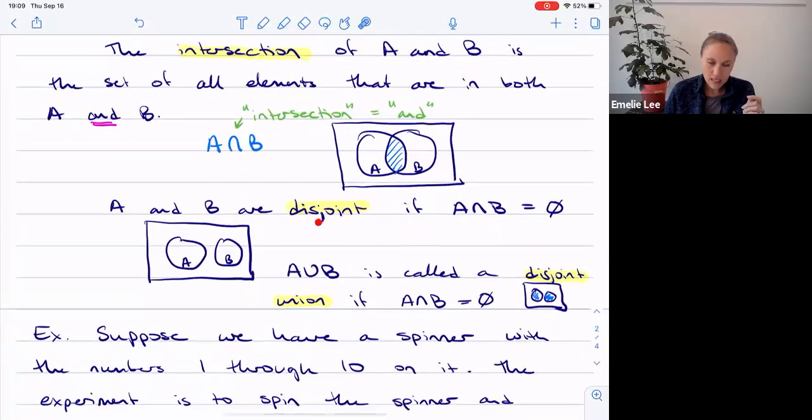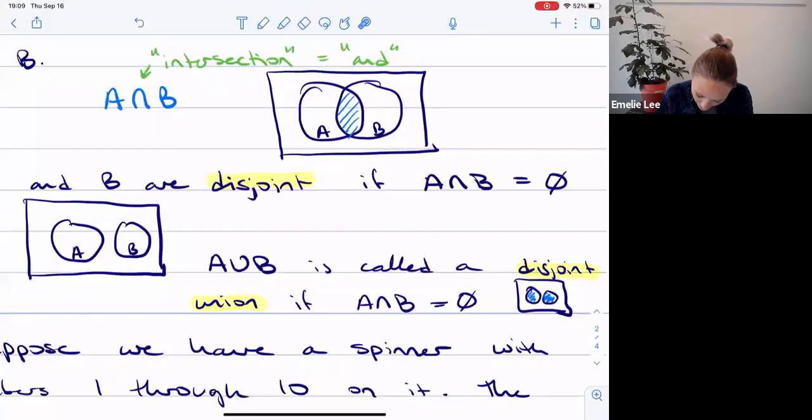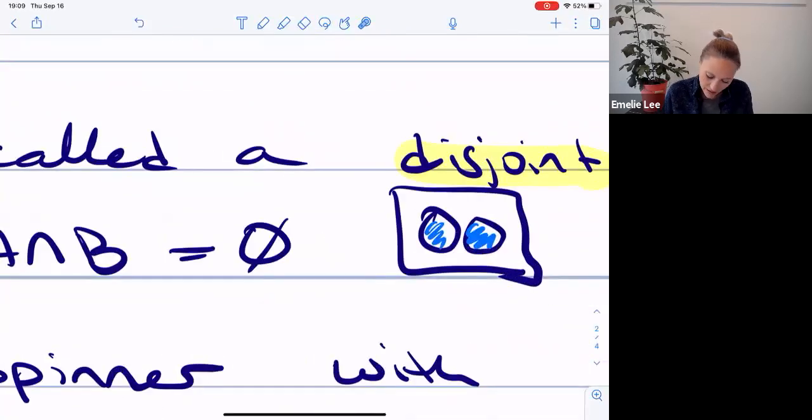If A and B are disjoint, then the union of A and B, so A or B, is called a disjoint union. I drew it kind of here. It looks like a little cartoon, and he looks sad.